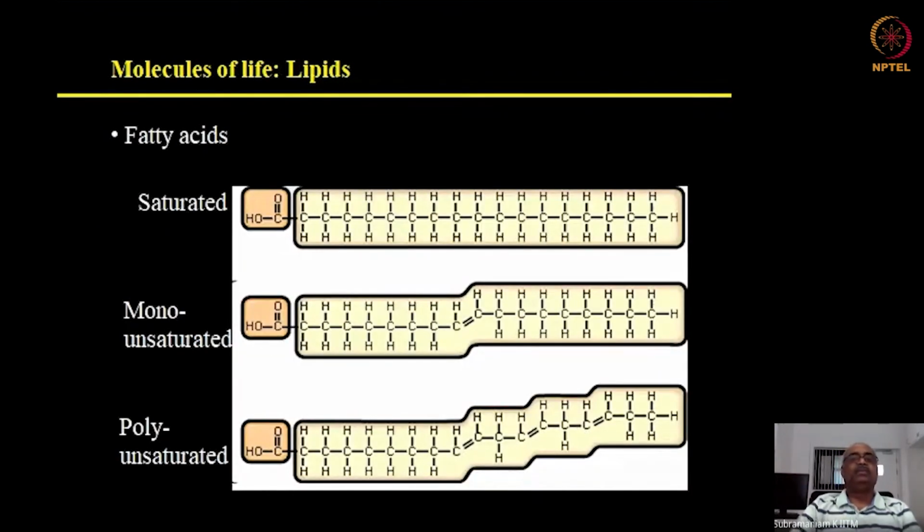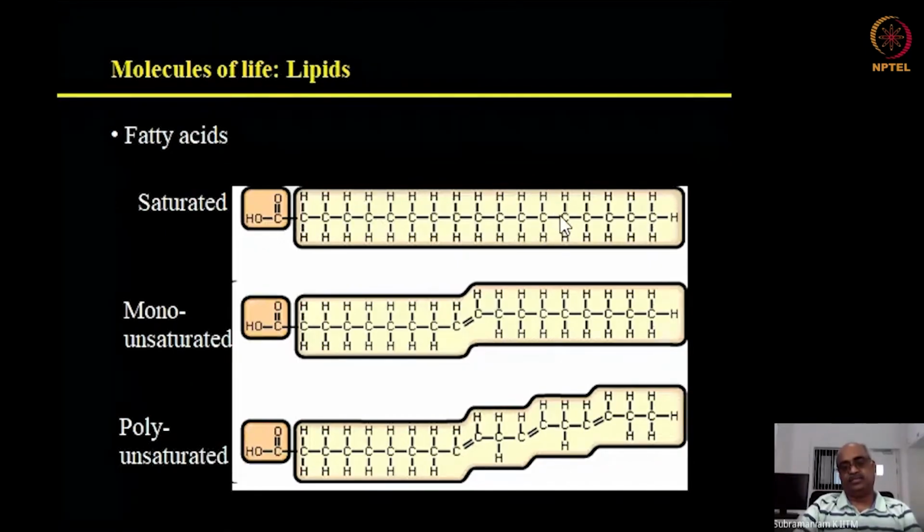So these are fatty acids. You have a carboxylic acid, so that's why they are acids, and a long chain of aliphatic group. With the carbon's valency, all you need to do is fill it by adding hydrogens. The last one is CH3. When you have a chain like this, it is called a saturated fatty acid.